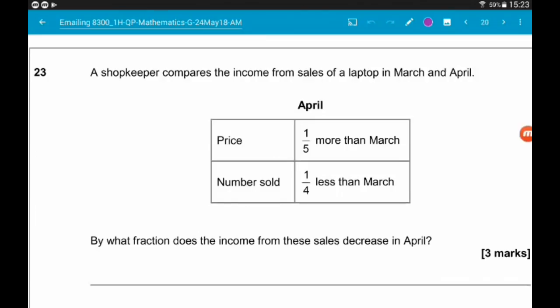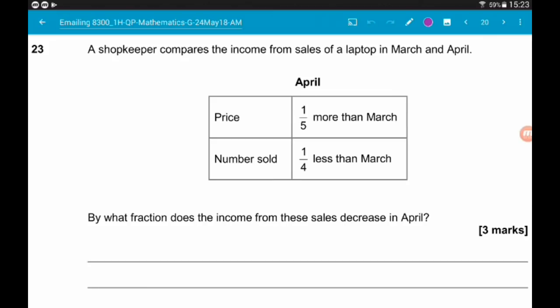Okay, question 23 is another question my minions really did not enjoy, so I'll do my best to try and clear it up. A shopkeeper compares the income from sales of a laptop in March and April. We were asked by what fraction does the income from these sales decrease in April.